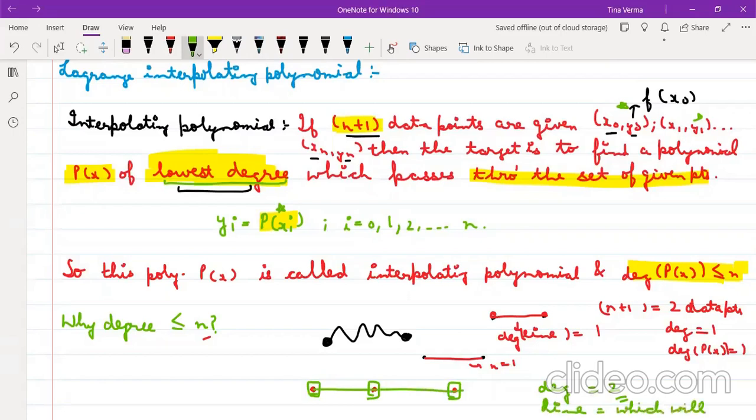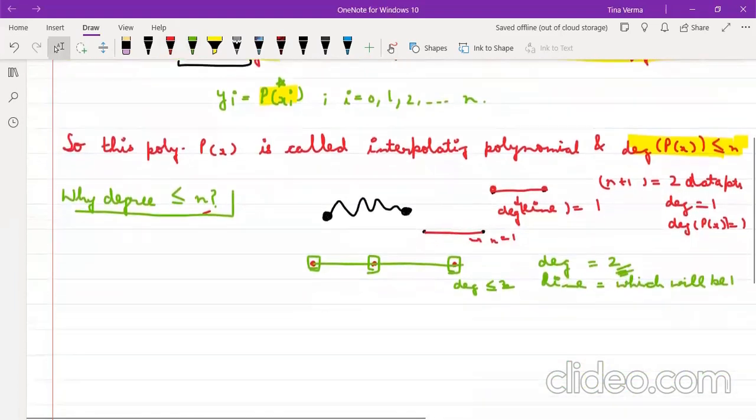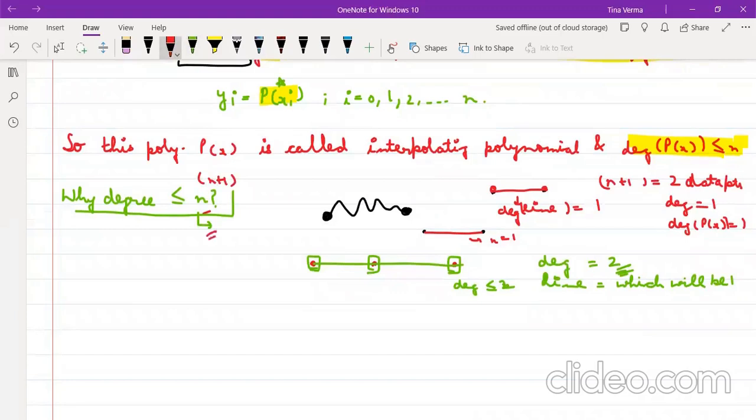So here your degree is not equal to 2, but less than or equal to 2 for your n plus 1 data points. That's why the degree of the polynomial should be less than or equal to n. The same will hold for everything: if we have n plus 1 data points, we should have a polynomial of lowest possible degree, which here will be 1.